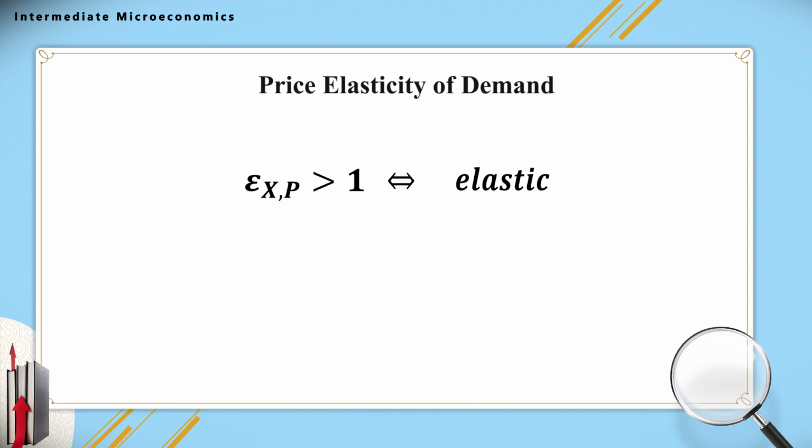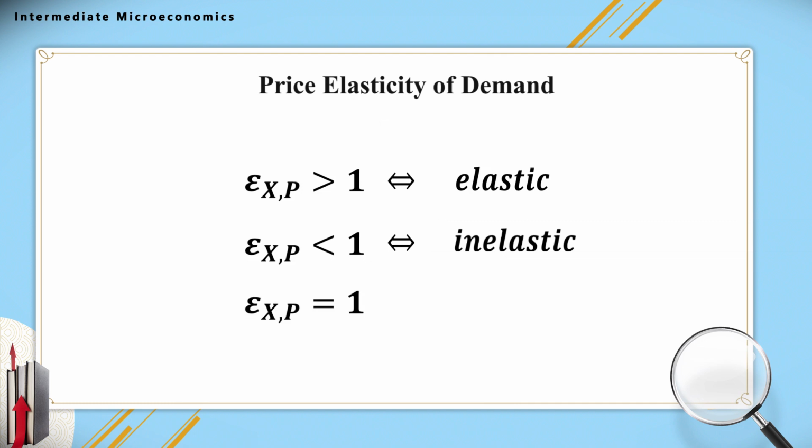For commodities with elastic demand, the quantity demanded is very sensitive to price changes. When the price rises by 1%, the decline in demand will exceed 1%. Oppositely, if the elasticity is less than 1, the demand is inelastic. And if the elasticity is equal to 1, it's unit elastic demand.